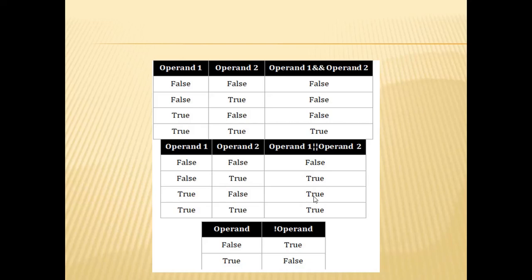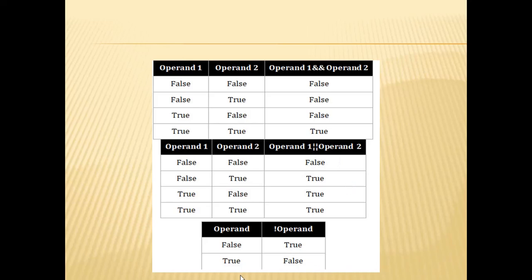If the first operand is true and the second operand is true, then the result is true. So in the logical OR operation, if any one of the operands is true, then the result is true. For the remaining case it is false. So this is our logical OR.